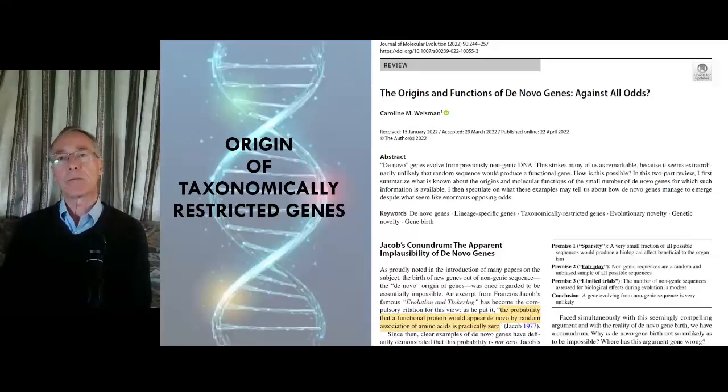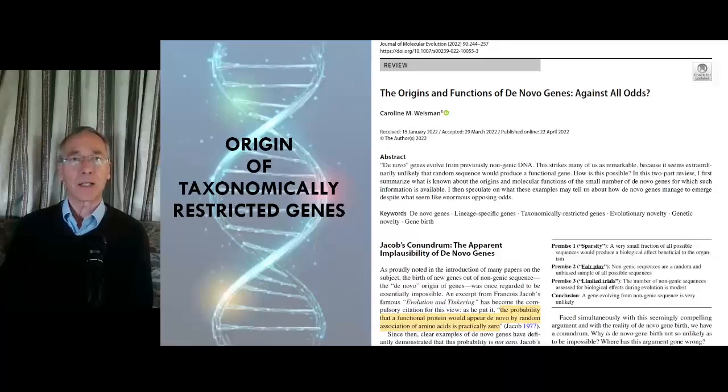And a good example of this is a paper written by Weissman in 2022 attempting to explain the origin of these de novo genes and to overcome what's known as the apparent implausibility of de novo genes. Now, Weissman proposes various mechanisms along with her colleagues, and these mechanisms are actually admitted to be very speculative, and the suggested causes are accepted to be highly conjectural.